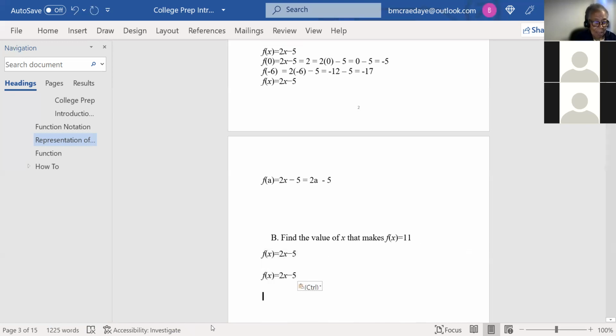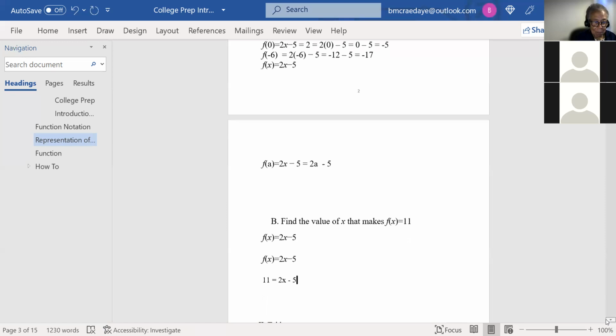That means for the f of x, we want to put 11, because it says what value of x makes f of x 11. So 11 then would be equal to 2x minus 5. How would you solve for x, Chastity?